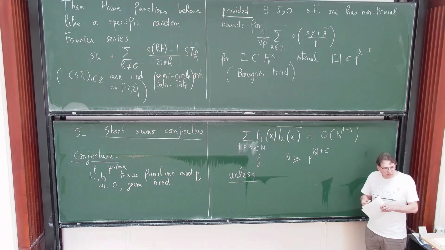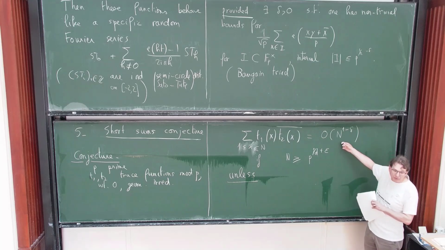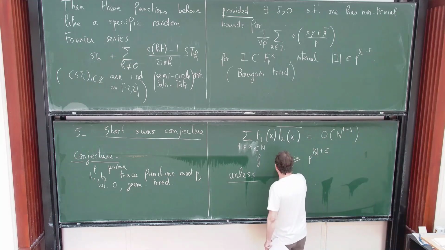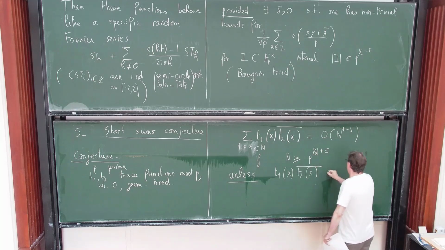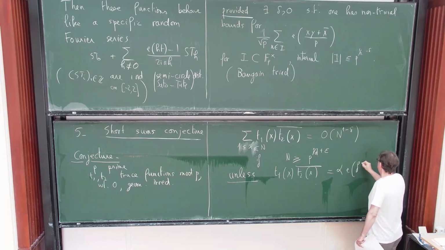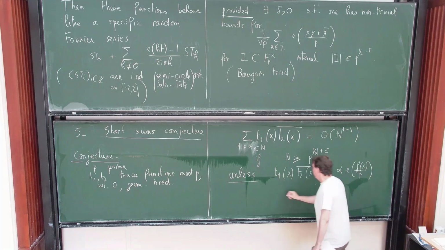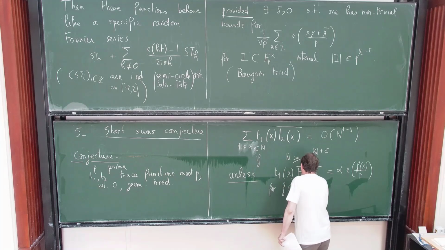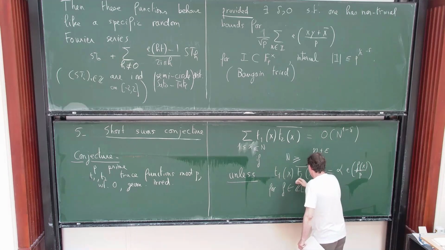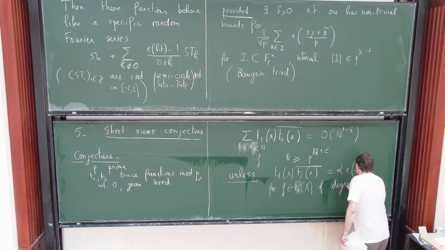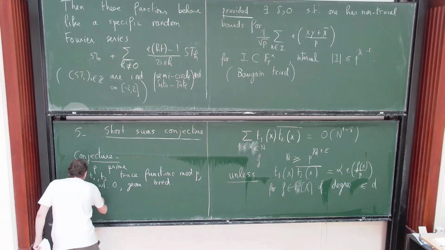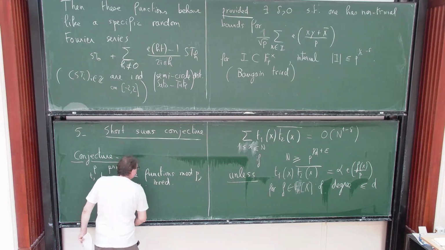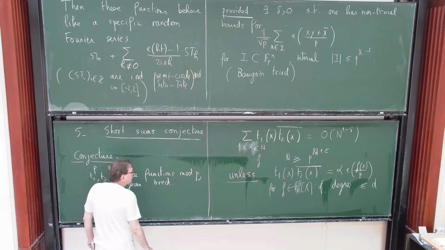There is no cancellation in the initial segment, so you cannot have something like that, unless T1 times the conjugate of T2 is proportional to e(f(x)/p) for some polynomial f of degree less than or equal to d. And so we pick d at least 2 to do this. I think probably d at least 2.